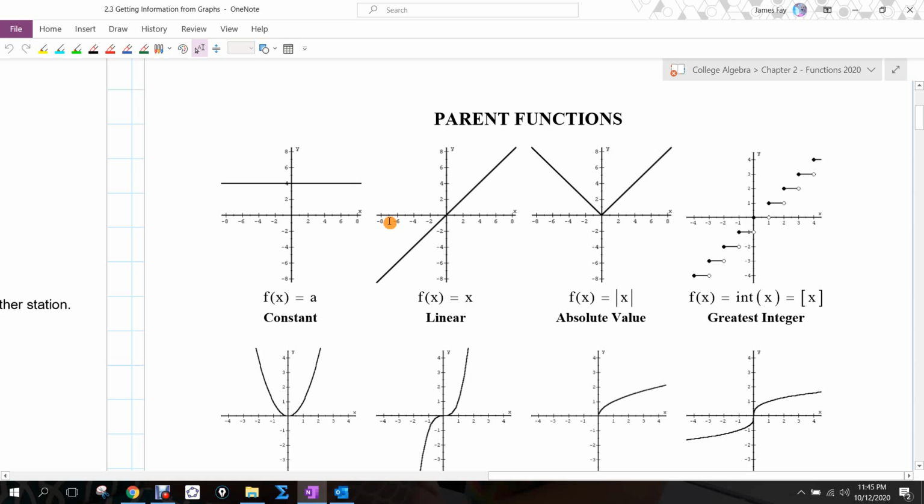But parent functions are the simplest. So all your functions are structured in families. Okay, and a family of graphs is a grouping of graphs that share similar characteristics, and those characteristics can be expressed graphically and algebraically in their equations.